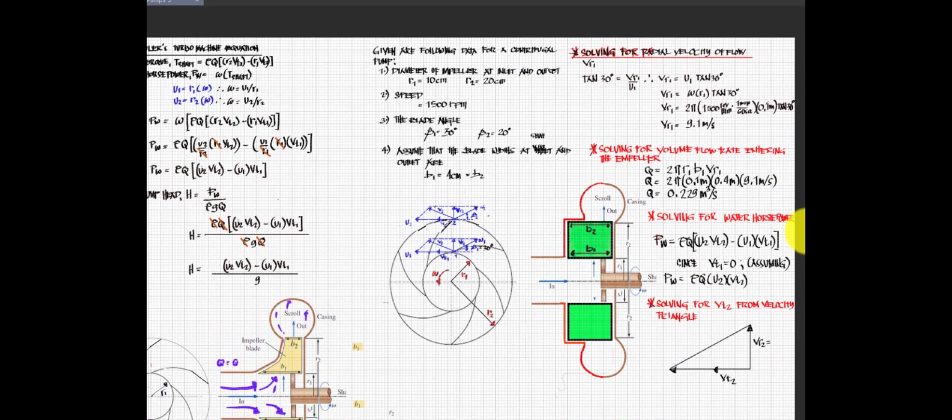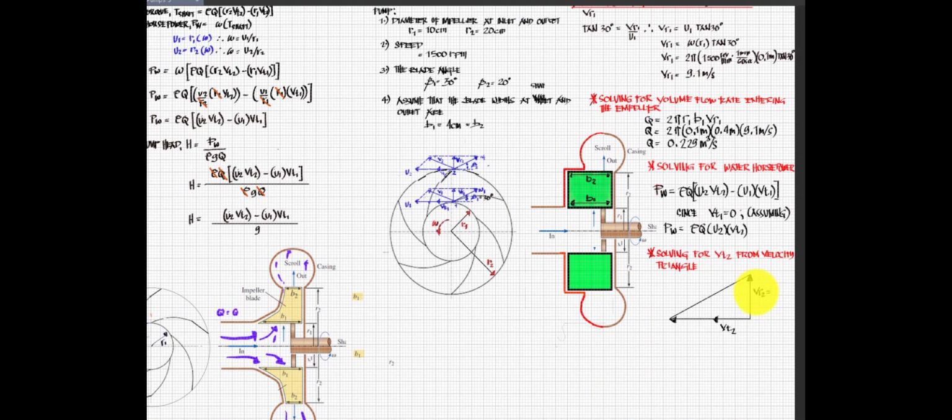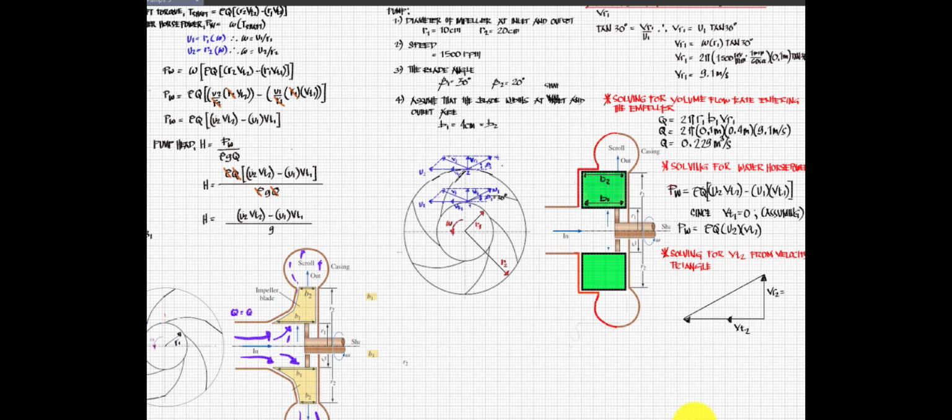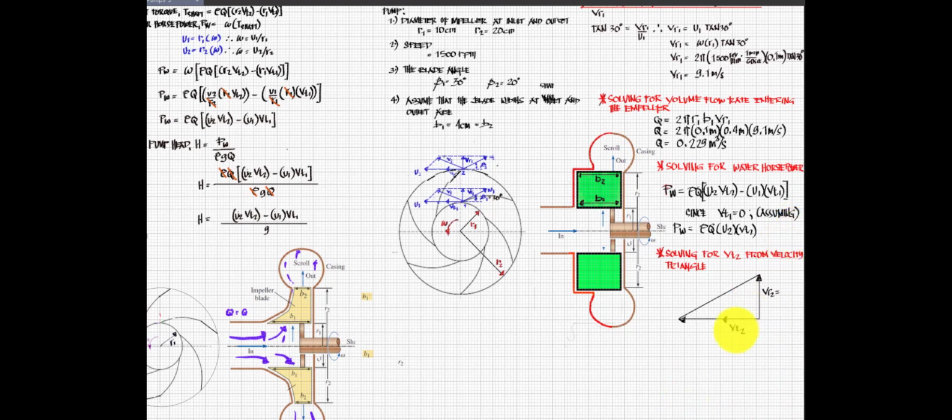So we have VR2, which we don't have a value for, and our VT2, the tangential velocity of the fluid at the outlet, so wala rin tayong value.